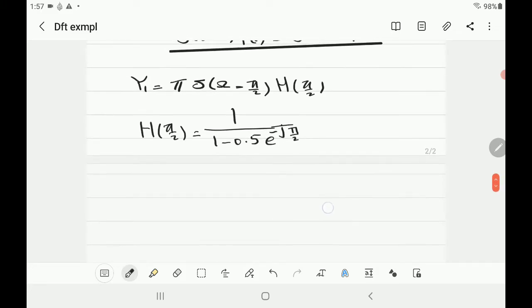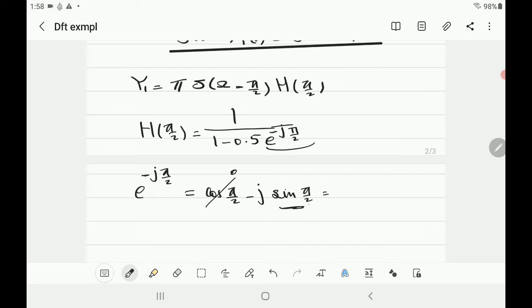I'd like to simplify this expression for H of pi over 2, because I have a complex number here. First, this one looks easy. E to the power minus j pi over 2 is equal to cosine pi over 2 minus j sine pi over 2. Cosine pi over 2 is equal to 0. Sine pi over 2 is equal to 1.